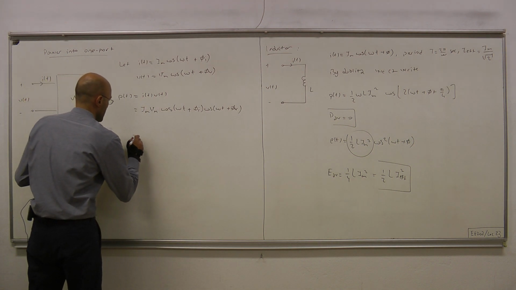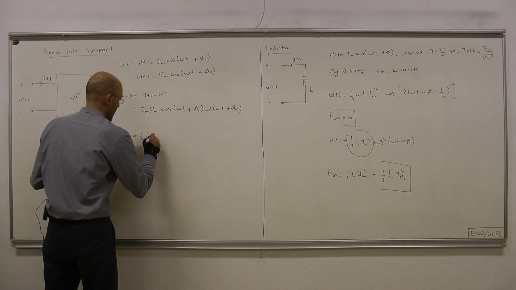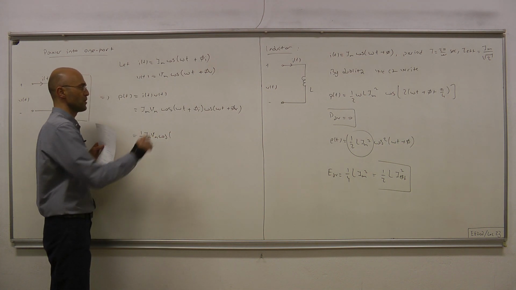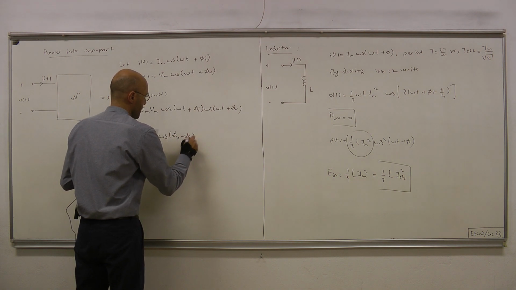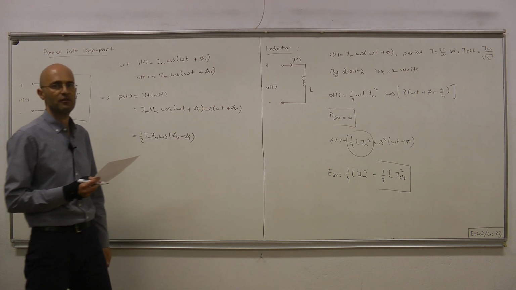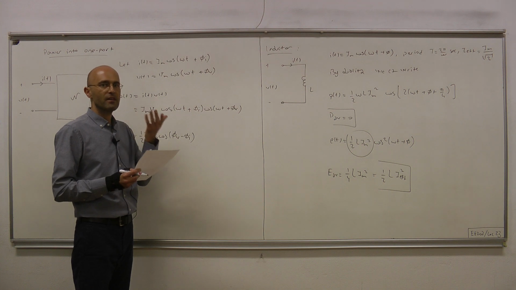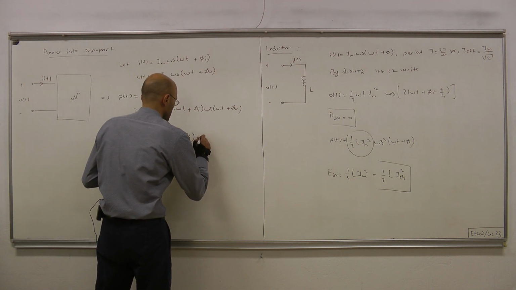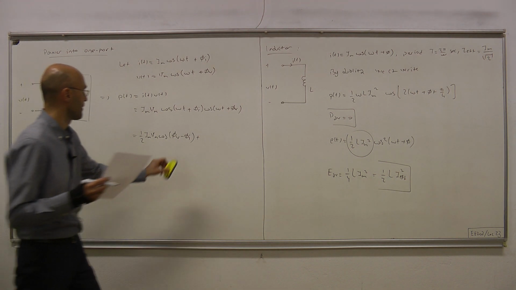So this equals therefore 1/2 Im Vm, then cosine of the difference, which is phi v minus phi I, or phi I minus phi v, depending on which one you take as alpha and which one you take as beta, but it doesn't really matter because cosine is an even function. Plus, okay, plus what?